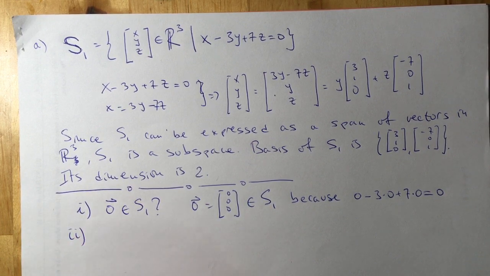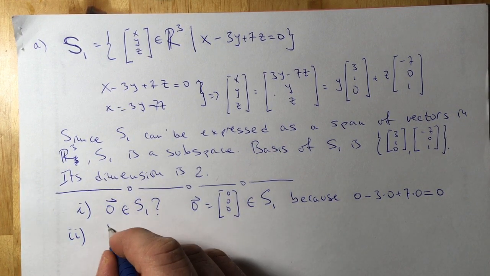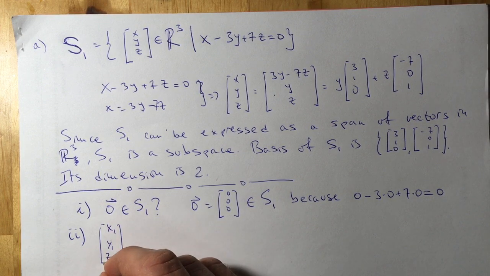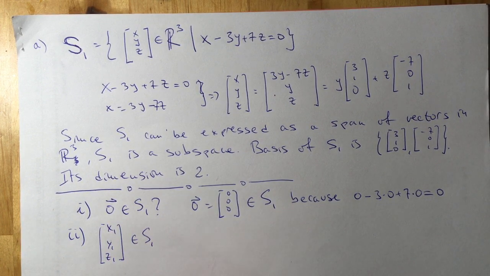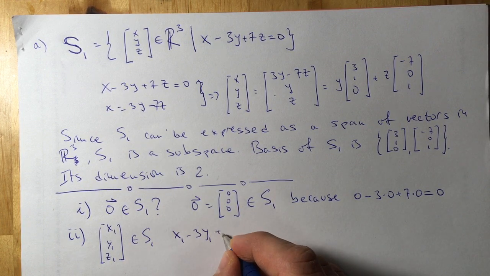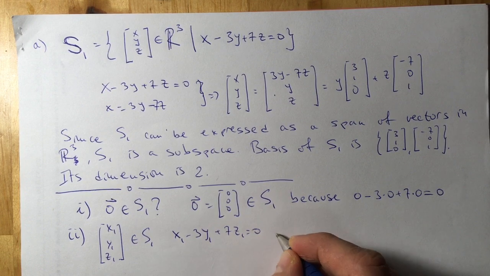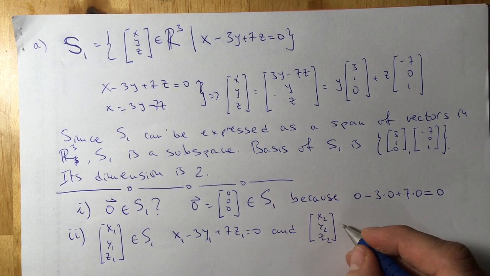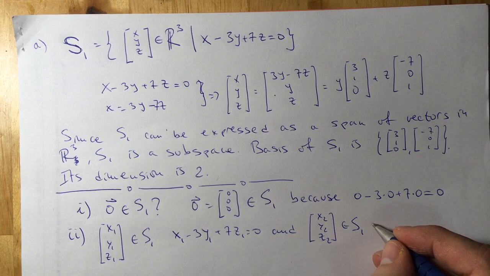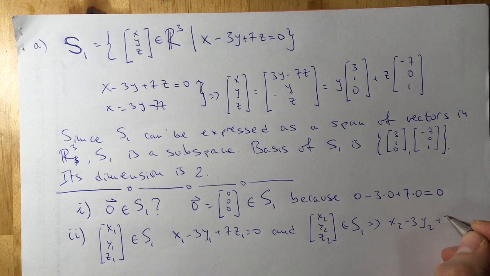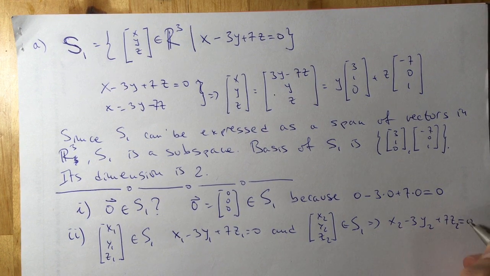Second, let two vectors, x1, y1, z1, be in S1, which means that x1 minus 3y1 plus 7z1 is equal to 0, and let another vector, x2, y2, z2, be in S1, which means that x2 minus 3 times y2 plus 7z2 is equal to 0.